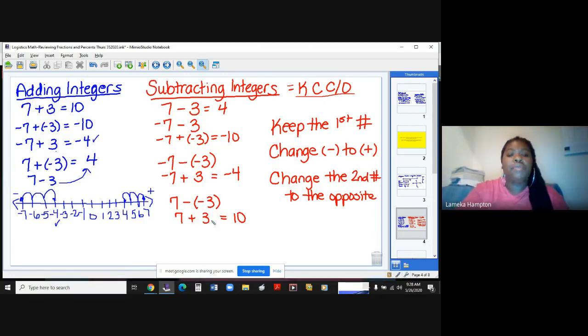Okay. And let me also say this before I go any further. I've been doing this a very long time, and I've noticed a couple of things. When we read a regular problem, and I'm going to use 7 minus 3 as an example, we read it as we normally would, 7 minus 3.